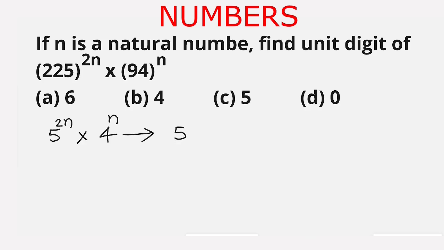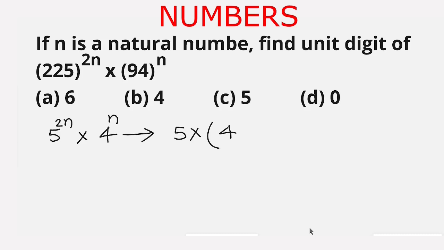So the unit digit will be 5 of 5 to the power 2n multiplied by, if n is odd, then it will be 4. Ones place digit will be 4. Like I can explain to you, 4 to the power 1 is 4, 4 to the power 3 is 64.